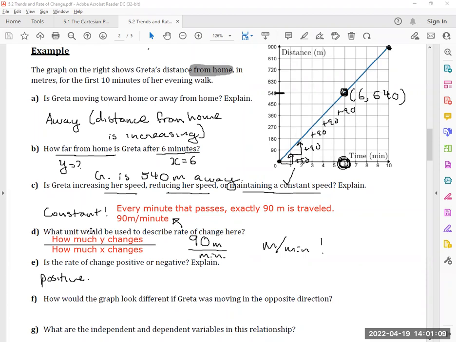Again, I think my answer would be as x increases, y increases, right? And that's the most important part. They're both increasing together. Another way you can describe it is, as I continue on along the graph, I am adding a value every single time. So it's positive.